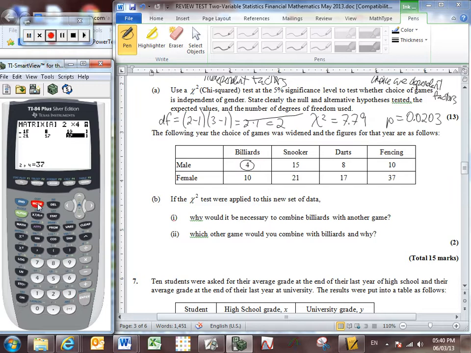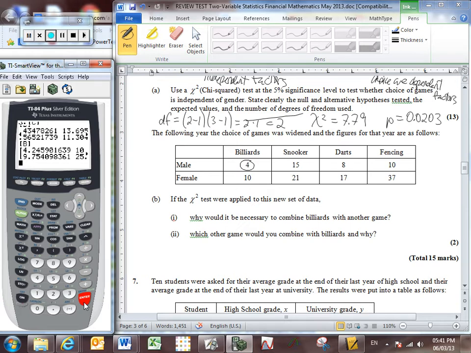And then I'm going to quit, and I'm going to do stat chi-squared test, and yes, calculate. And let's now look at the matrix B. Matrix B, enter, enter. Okay, alright, then I feel a little bit better.